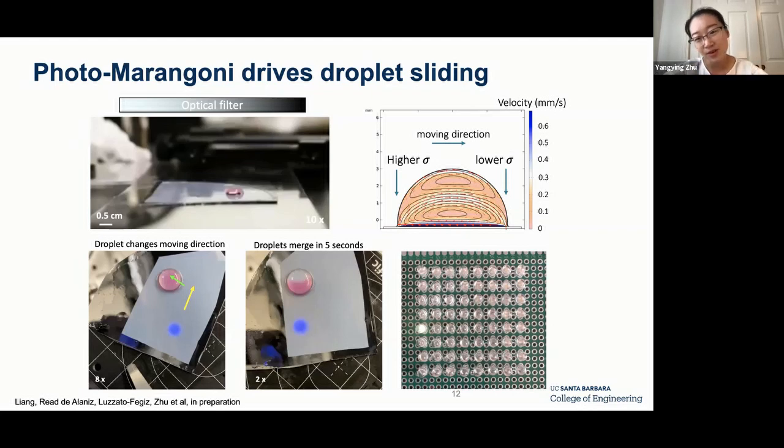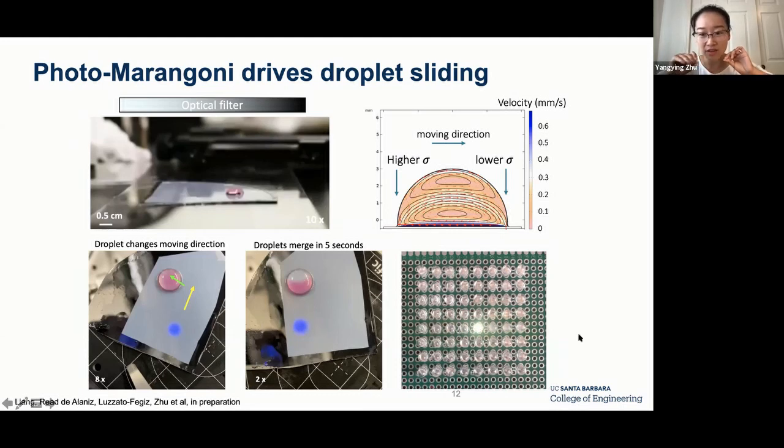Very controlled chemical reactions. And what's neat with light is that you do not need to pre-pattern electrodes. You don't need to do any fabrication. You just need a laser pointer. And these light patterns, you can draw any pattern as you want. You can reconfigure them very easily. But nonetheless, if you want to have a pre-configured light pattern, you could do that. Our student also came up with this.